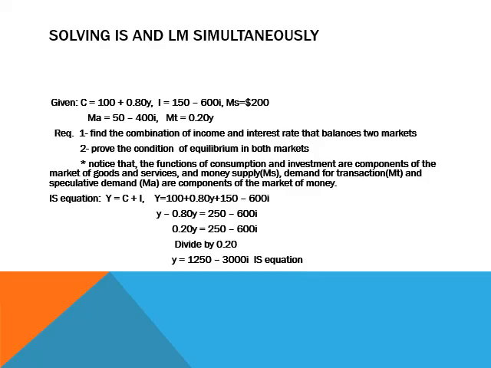The consumption function and investment function are the components of the market of goods and services, while money supply MS, speculative demand MA and transaction demand MT are components of the market of money.